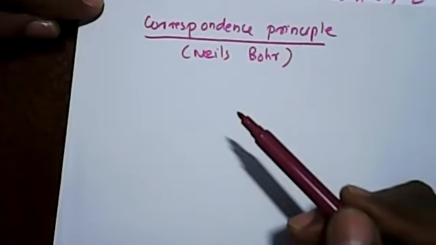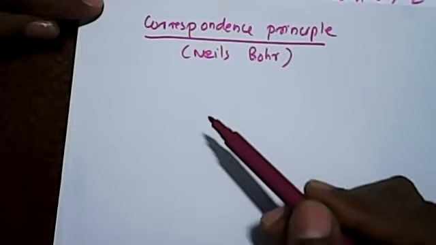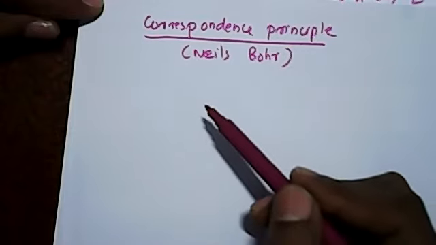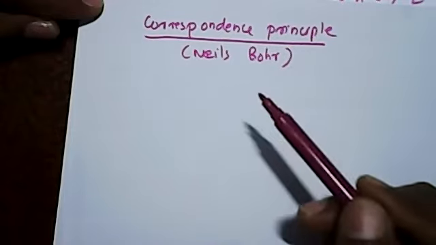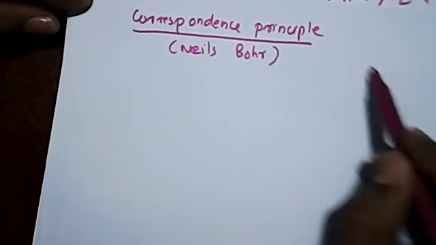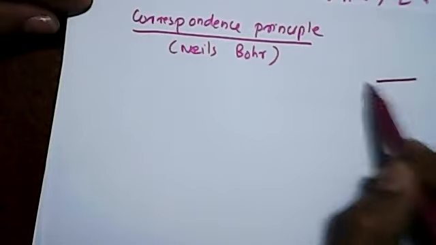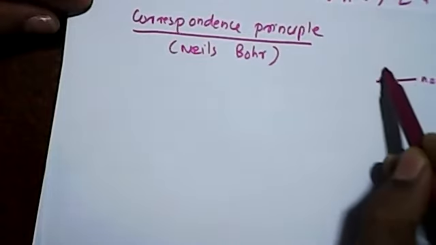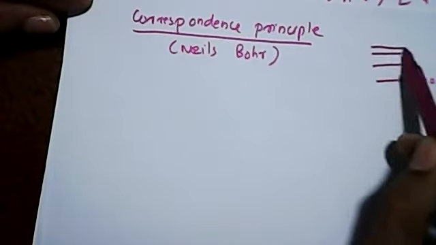Each state corresponds to some quantum number, and the quantum number can go to very high values. For example, in the case of hydrogen, you can have n equal to 1 ground state, then n equal to 2, n equal to 3, n equal to 4, like that.